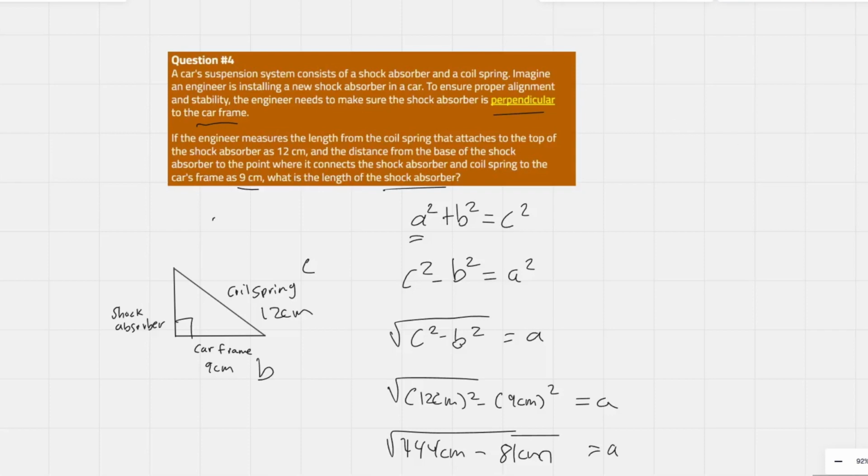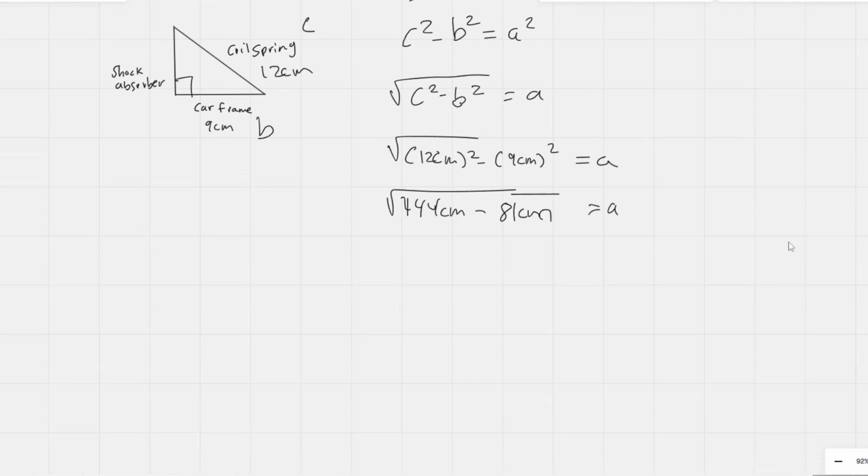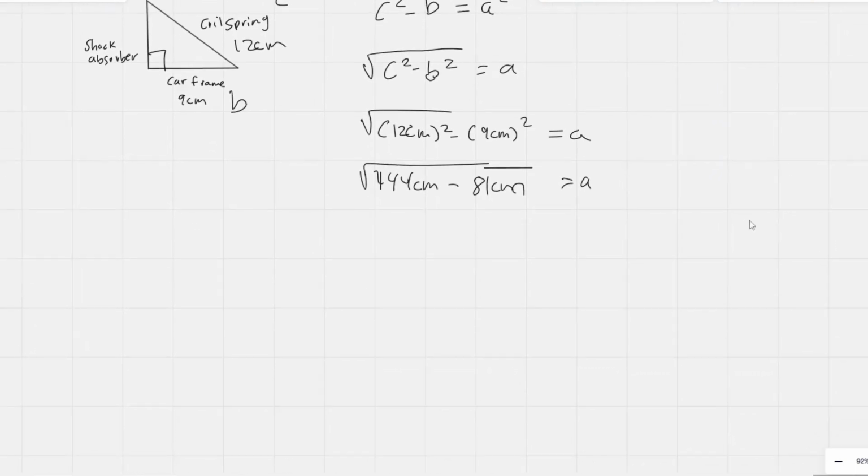Alright, so if we do 144 subtract 81, let's use our calculator here, we get a value of 63. So the square root of 63 will give me my value of A. So therefore A is equal to the square root of 63. If we use our calculator here, we get 7.93 centimeters.